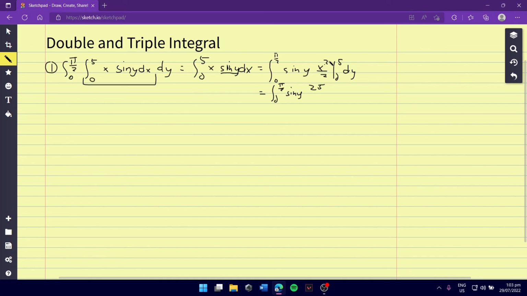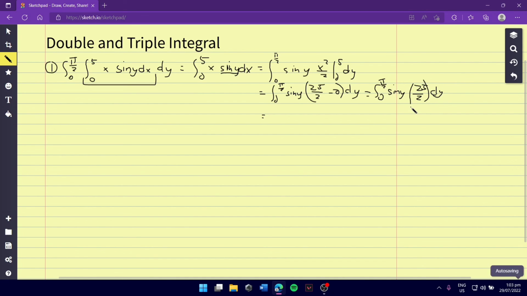So 5 times 5 is 25, then divided by 2, and then your lower limit, which is 0, then your dy. Simplifying this, we have the integral from 0 to pi over 2 of sine y times 25 over 2 dy.